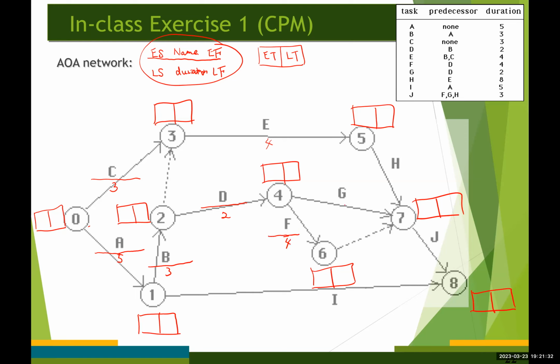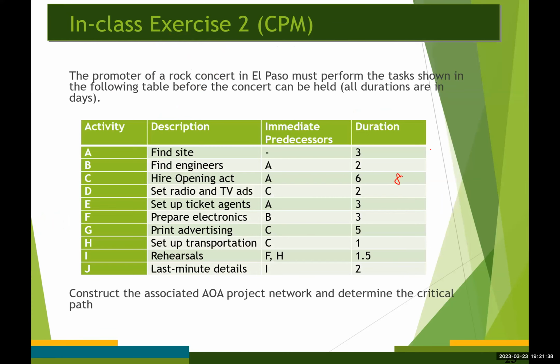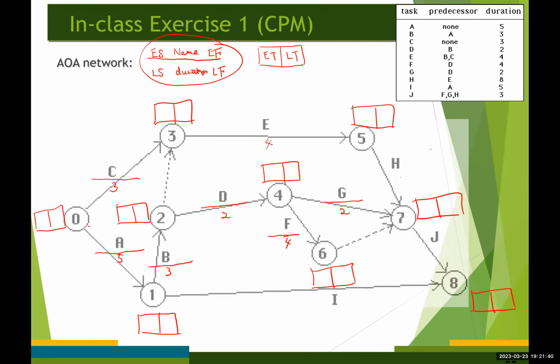And G is 2, H is 8. Oh, what did I do? Okay. H is 8, I is 5, and J is 3. Okay, like this.